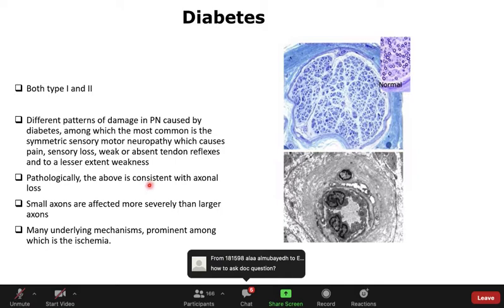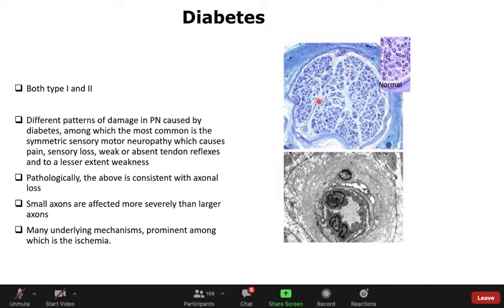Okay. In some patients, you may see also demyelination. Now, in diabetes, you will see that the small axons are going to be affected more severely than the larger axons. Now, in the upper picture right here, what you're looking at is a section of a nerve fiber of a patient with diabetes.